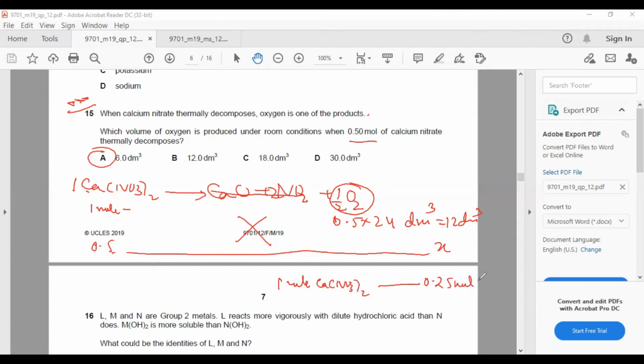Multiply by 24, the volume is 6 dm cube. Okay.